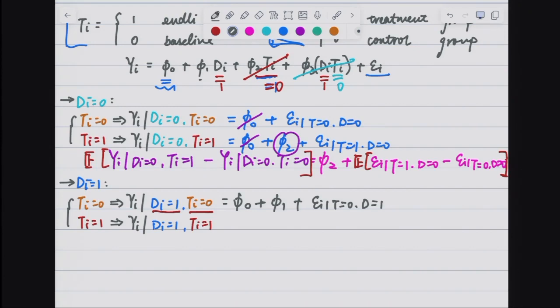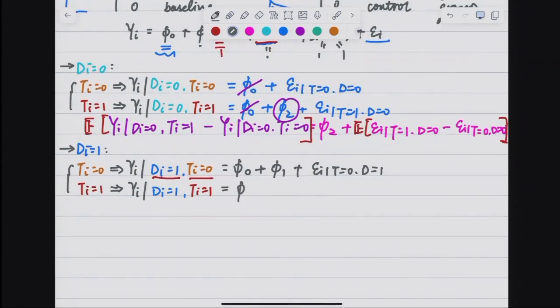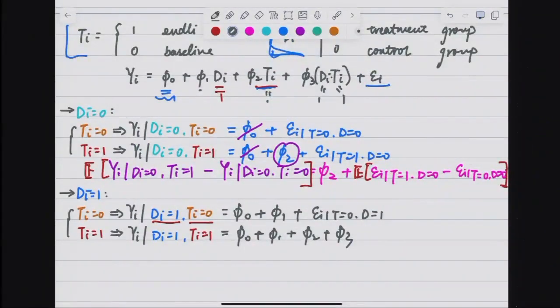And similarly, if we now consider the end line, basically all the dummies will just equal 1. So essentially, we'll have the sum of all the coefficients for the treatment group at the end line. So that gives us the sum of all the phi's, and then plus the error term that collects everything else that affects y.